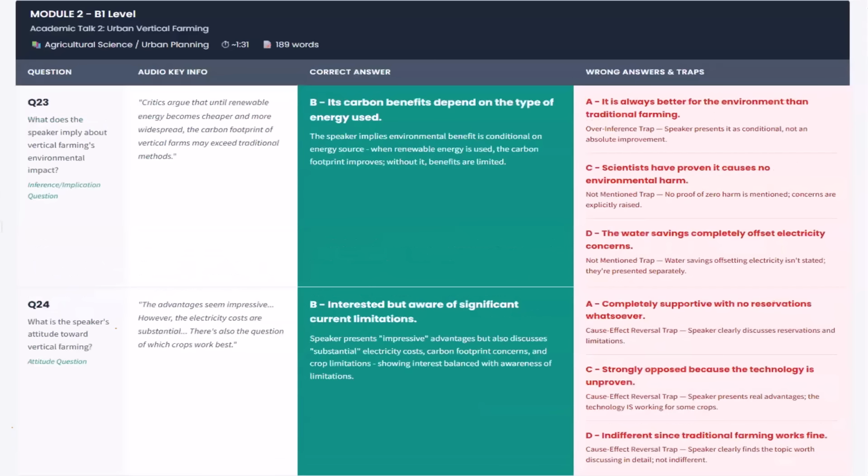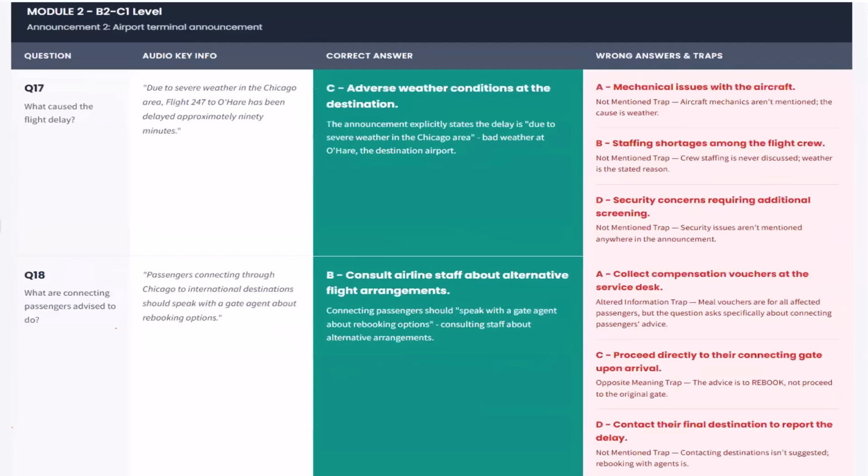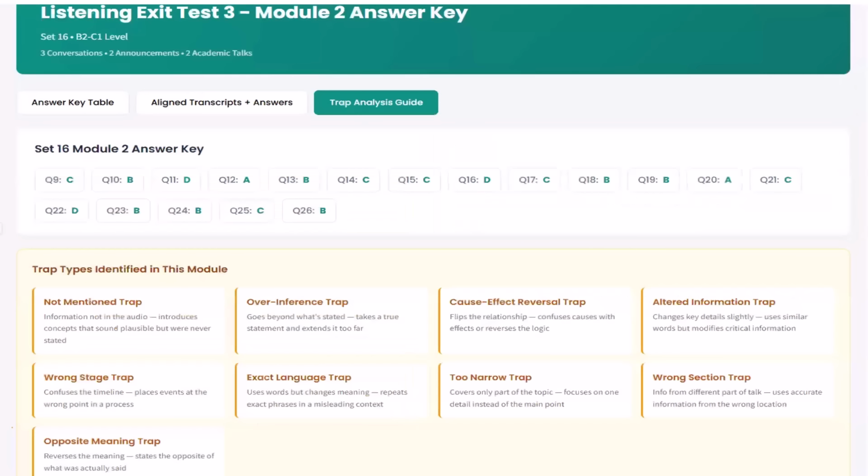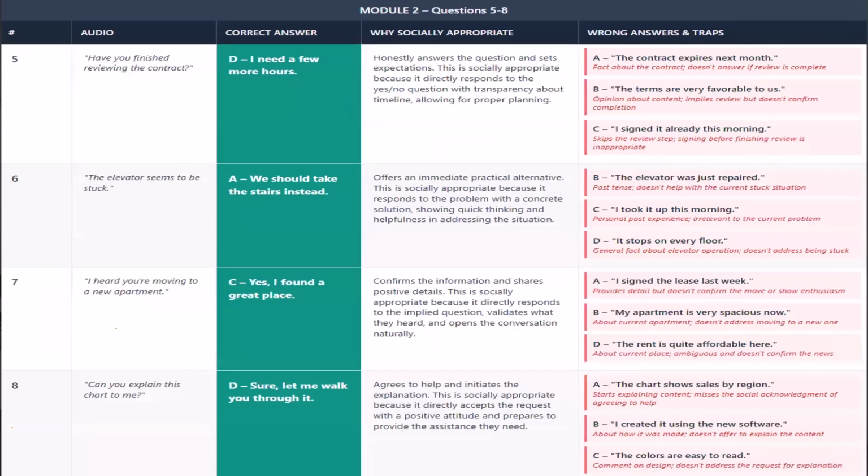All right. Let me go back up to number 5. Have you finished reviewing the contract? I need a few more hours. And somebody said B, the terms are favorable to us. I think for this one, Elena, D is the most direct answer.